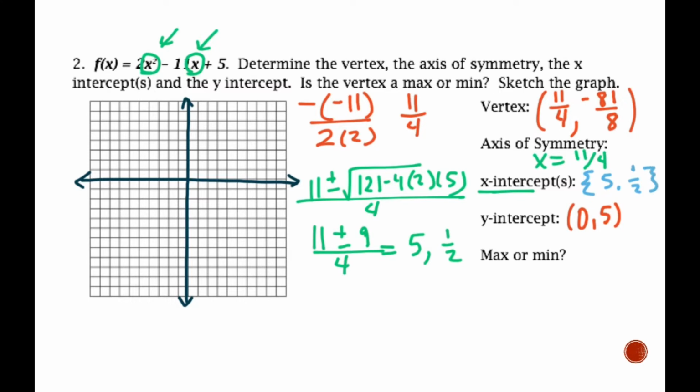Okay, so as far as graphing this, I know my vertex is 11 fourths, which we're going to need a decimal approximation to help us out with the graphing. So 2.75, and then down 81 eighths, which is down about just a little past 10.